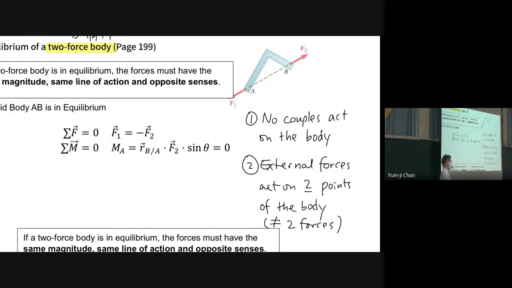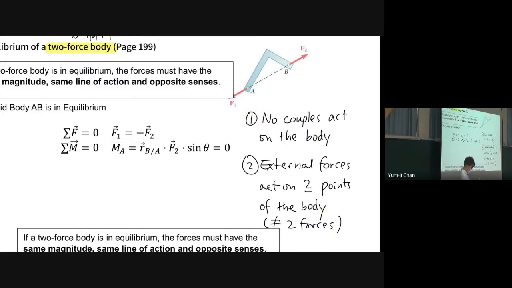Take the time to write them down. So in this problem, and of course in two force bodies, all forces act on 2 points of the body. In this problem we have 2 forces, but we can have 3 forces and still have a 2 force body.